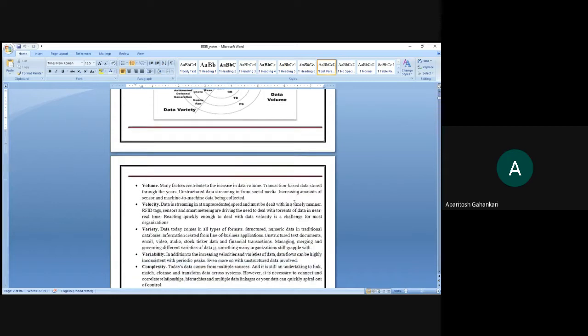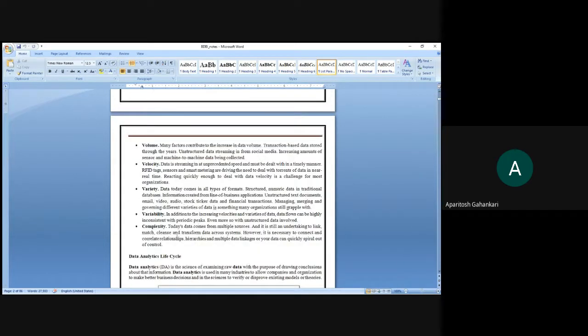Okay, so here all these five things are explained. Volume: many factors contribute to increasing the data volume. Velocity: data is streaming at an unprecedented speed. Variety: data comes in all types of formats.